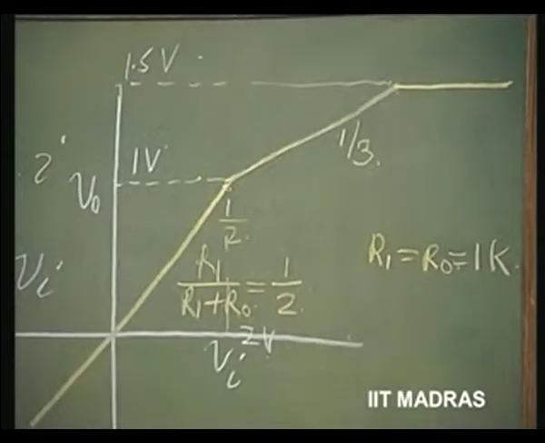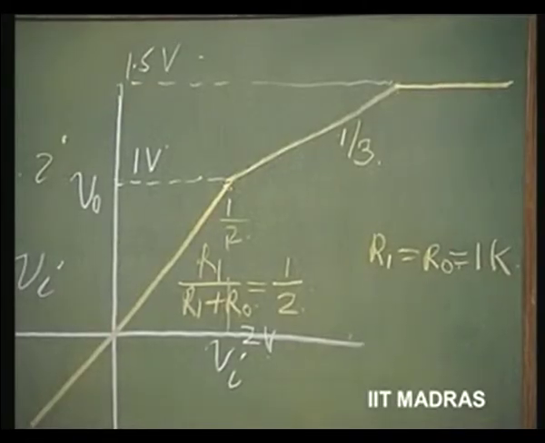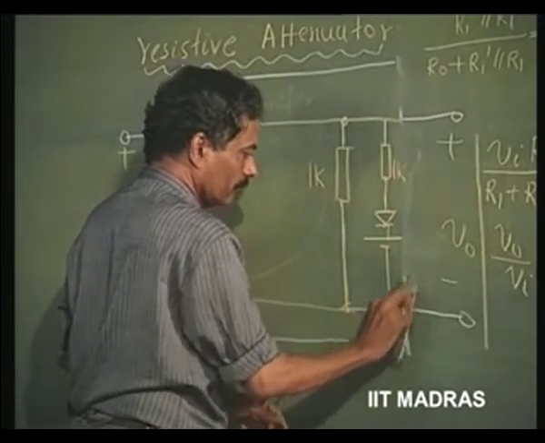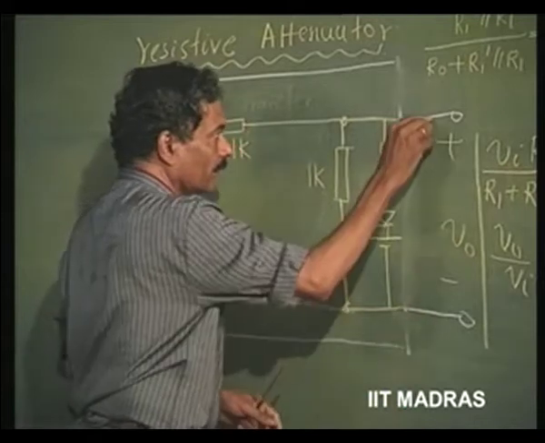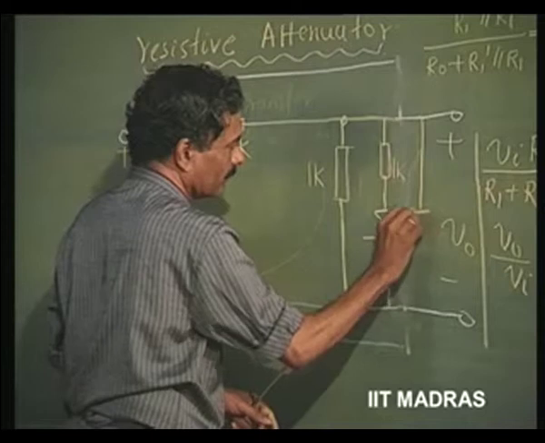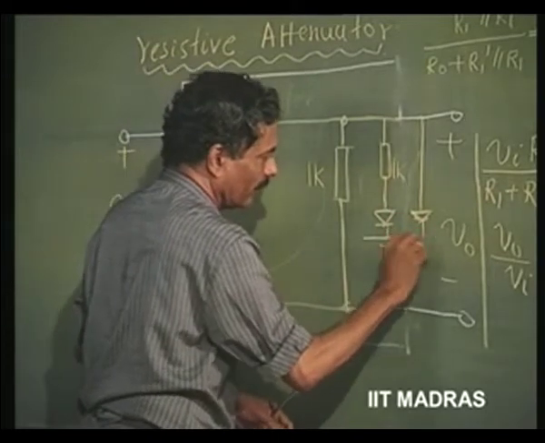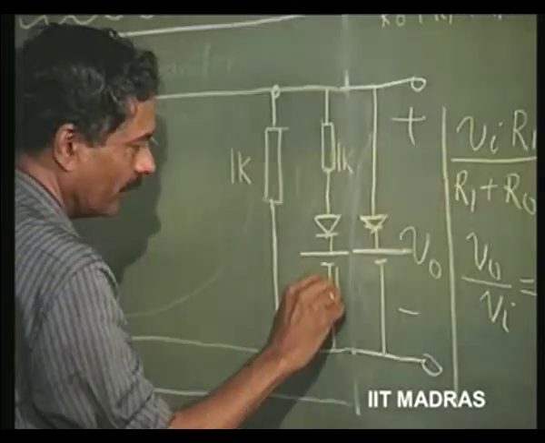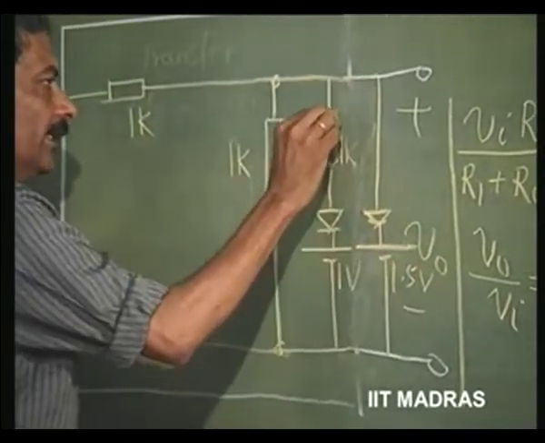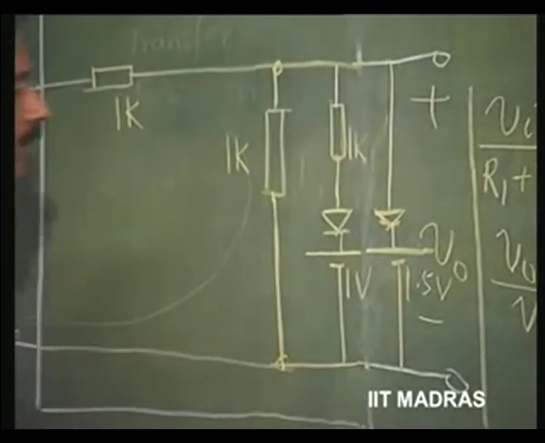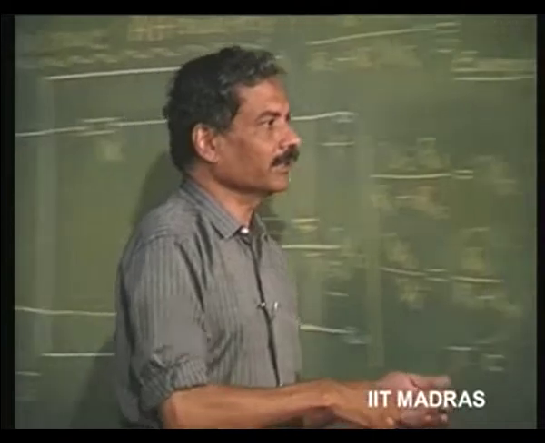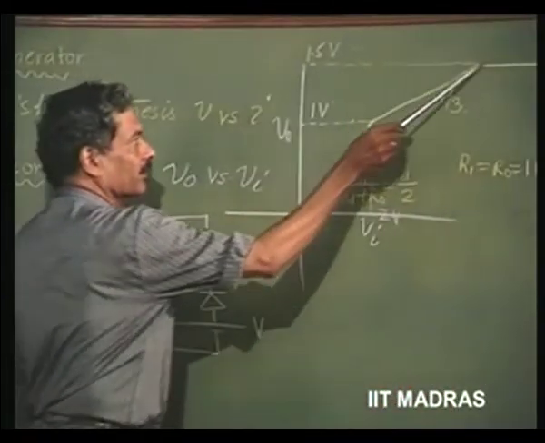So, you can see here that I can now bring in zero resistance at a voltage of 1.5 volts. This is 1 volt, this is going to be 1.5 volts, so that the slope becomes equal to 0. This is the synthesis for this portion of the circuit.